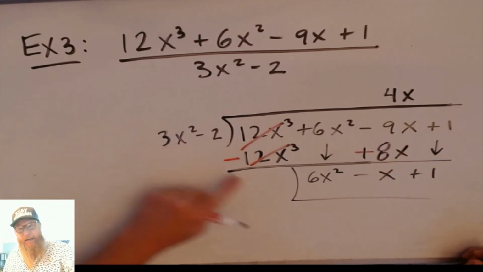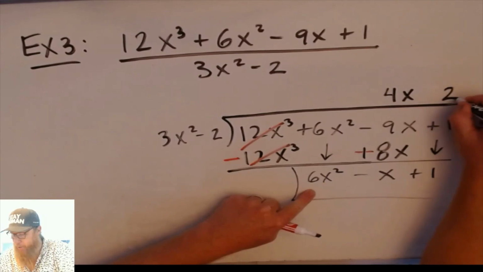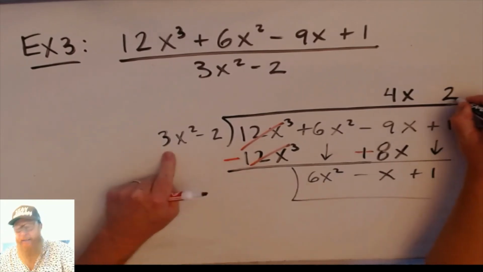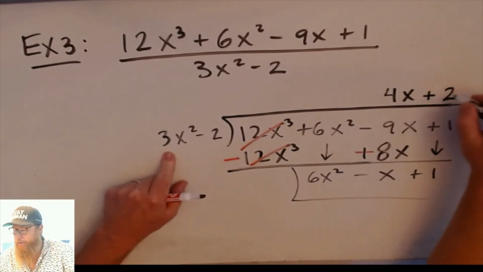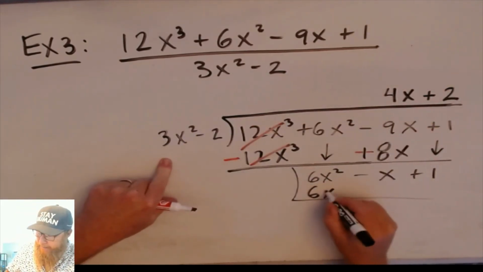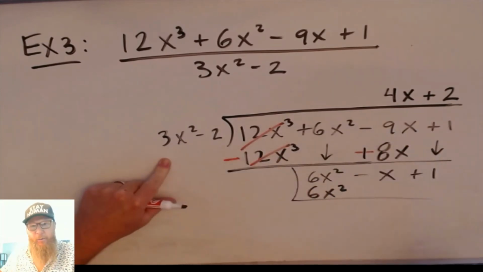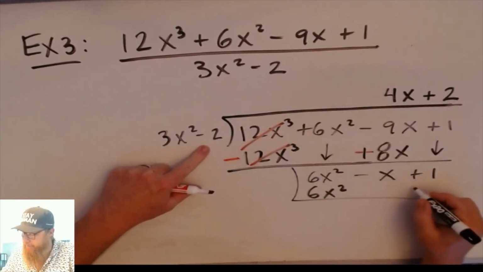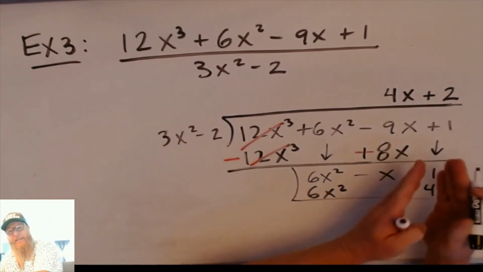And then now 3x squared goes into 6x squared 2 times. But make sure in your quotient, if it's positive, you put plus 2. So 2 times 3x squared is 6x squared. And then 2 times negative 2 is negative 4, and it has to be over in this column.